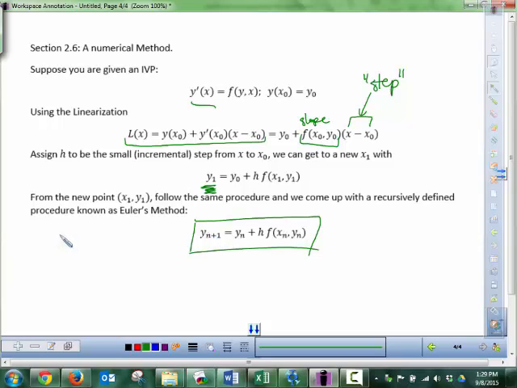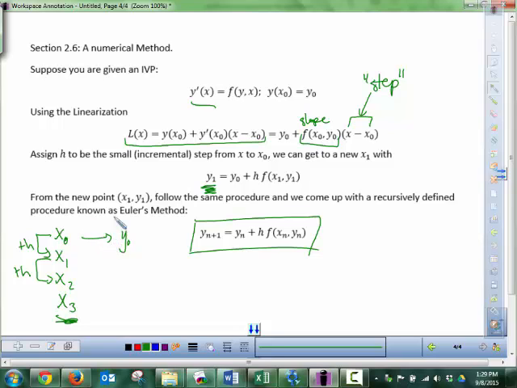What you want to do is keep track of x naught and y naught, which are some fixed numbers. x1, x2, x3, all that are predetermined because you just add h to the x's to get to the next step, and then you end up where you need to end up.